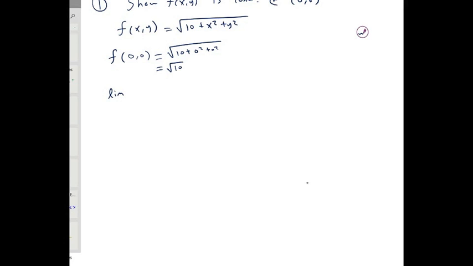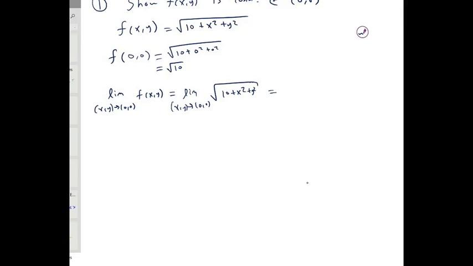Now we have to show the limit exists, so the limit as xy approaches 0, 0 of f of xy is just the limit as xy approaches that point of square root of 10 plus x squared plus y squared.